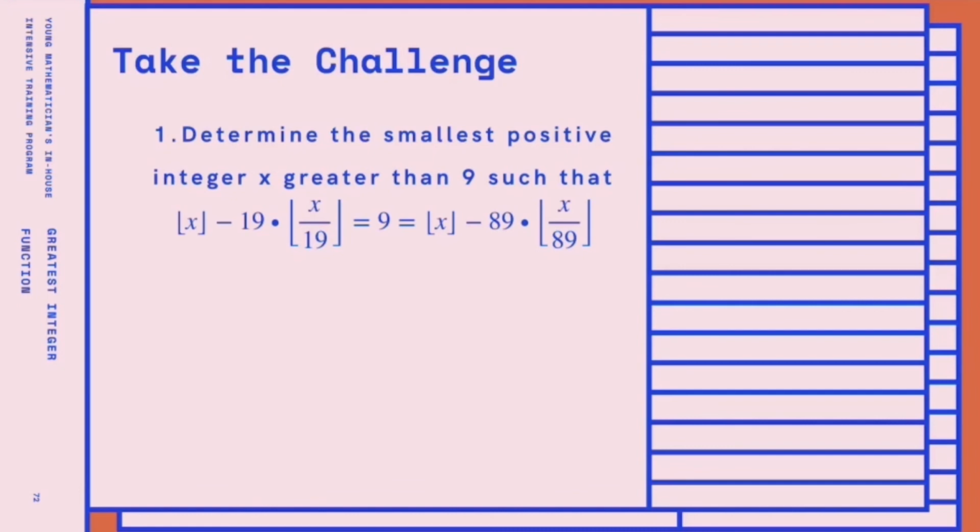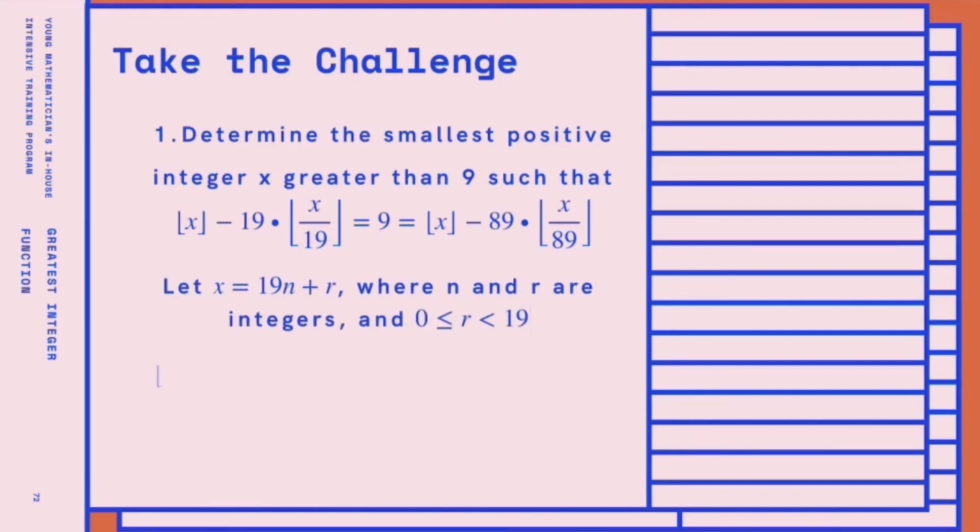So, how do we solve our challenge problem? Notice that we have x over 19 and x over 89. So if we represent x as 19n plus r, where n and r are integers, and r is greater than or equal to 0 but less than 19, in other words, n is the quotient when x is divided by 19 and r is the remainder.